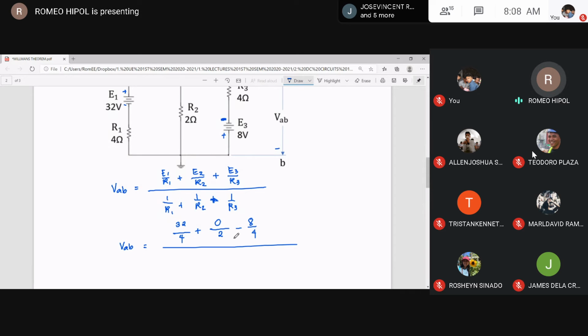Then, divided by the sum of the conductances. For the first branch, we have 1/4. The second branch, we have 1/2. For the third branch, we have 1/4. Okay. For the denominator, sum na lang tayo ng conductances. So, wala nang magbabago sa sign, sa numerator lang.